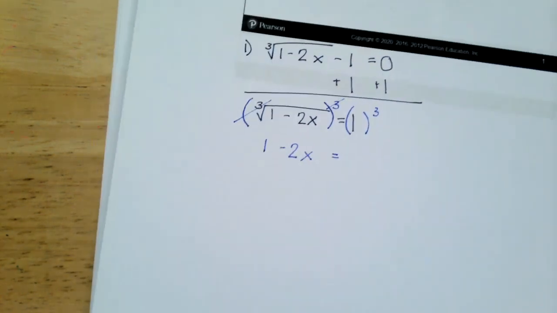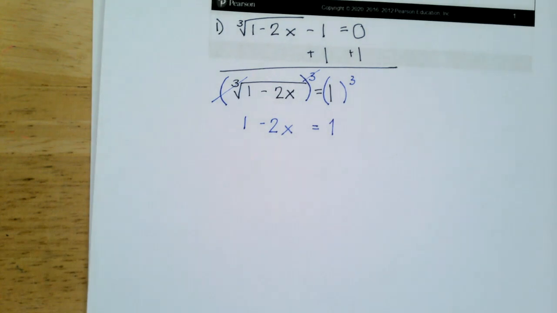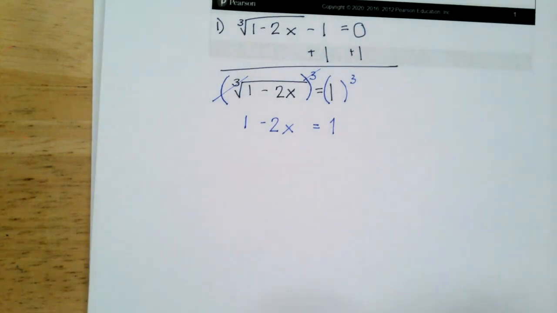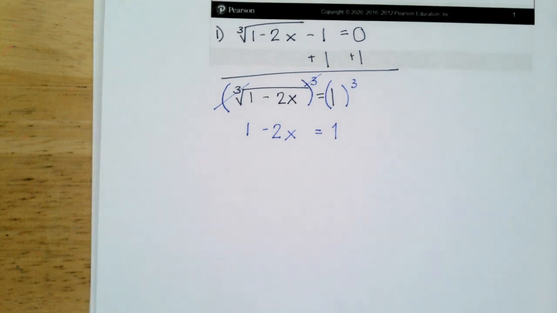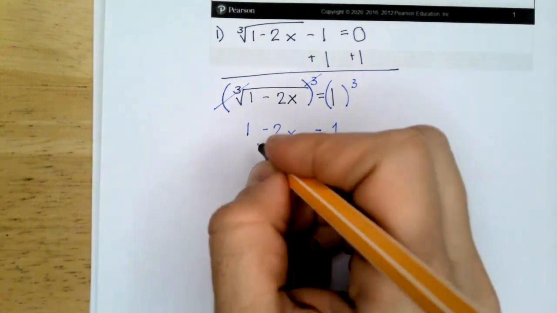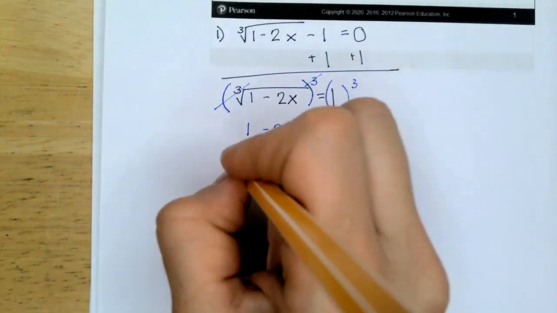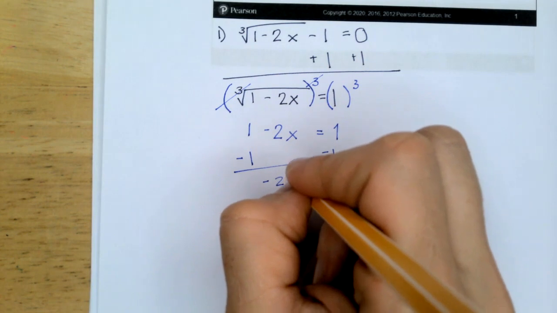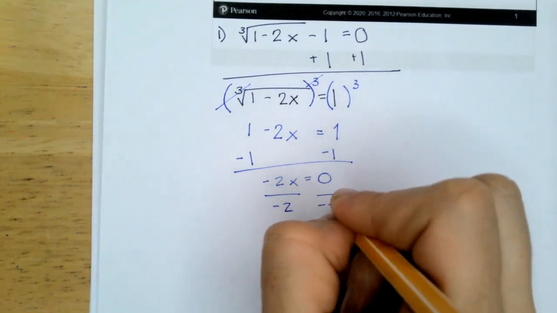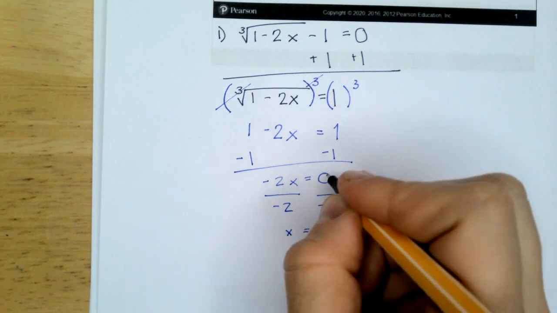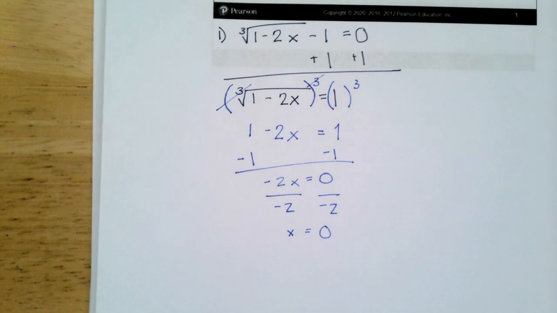Here, 1 to the third power is just 1, or 1 times 1 times 1, which is 1. Good? Now, it looks like every other equation we have solved in 1.1 and 1.2. We're just going to subtract 1, because that's a positive 1. 1 minus 1 becomes 0, so negative 2x equals 0. Divide by negative 2. 0 divided by anything, not counting 0, is 0.